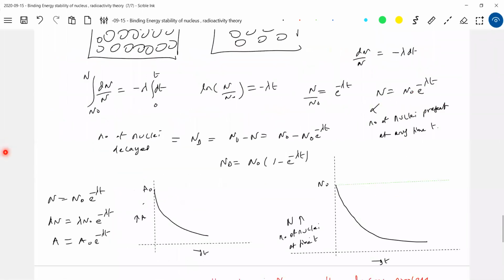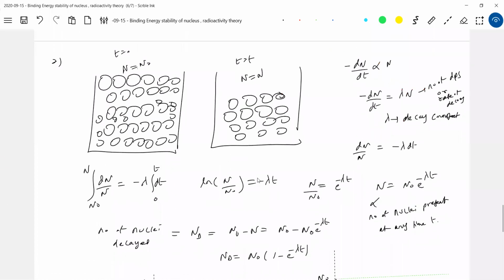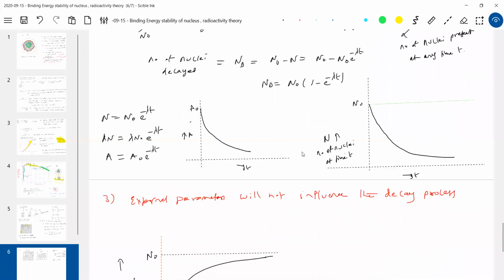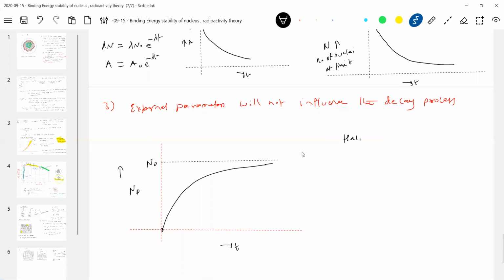Some quantities are needed. How do we get that lambda, how do you measure it? What I do is take the time taken for the number to become half of the initial value. I'll call that the half lifetime. As we know the formula, N equals N naught e to the power of minus lambda t. At t equals 0, it was N naught. After what time will it become N naught by 2? I'll call that t half.